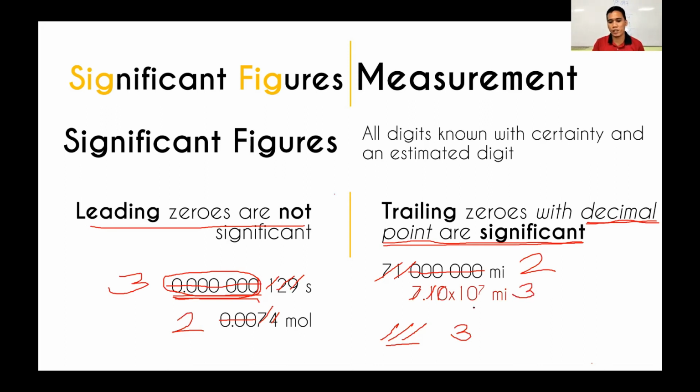Sir, do we have to count times 10 to the power of 7 as significant figures? Not necessary. You no longer need to include the times 10 to the power of 7. Okay, if you convert your measurement into scientific notation or apply the prefixes, the number of significant figures also changes depending on the prefix you are using.